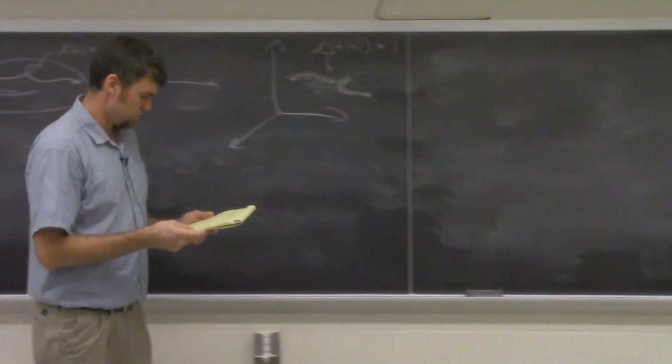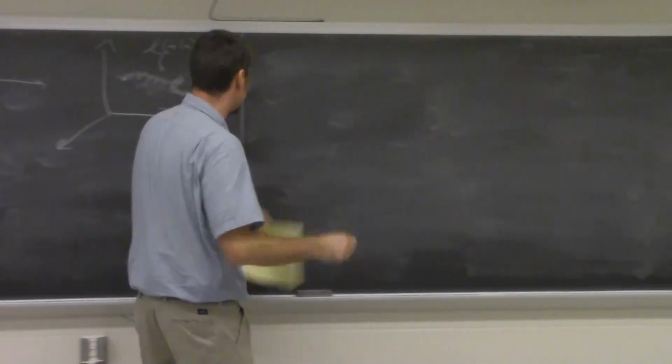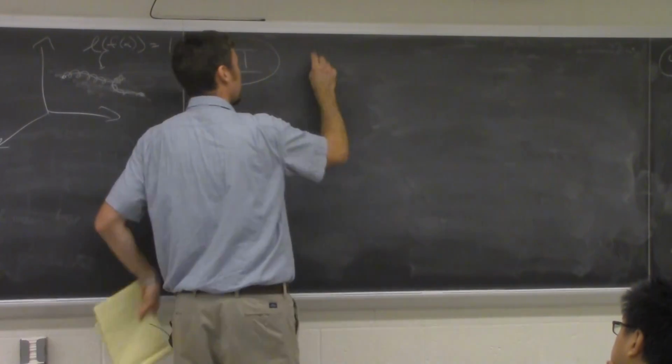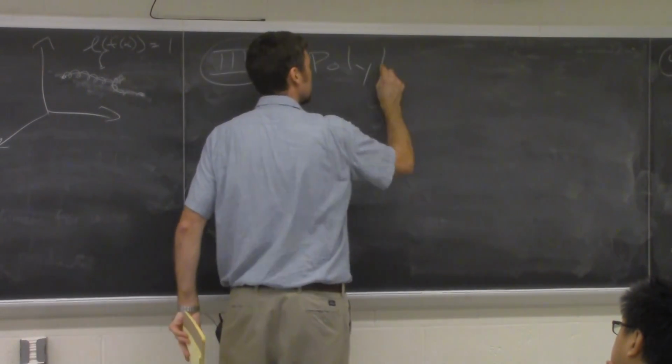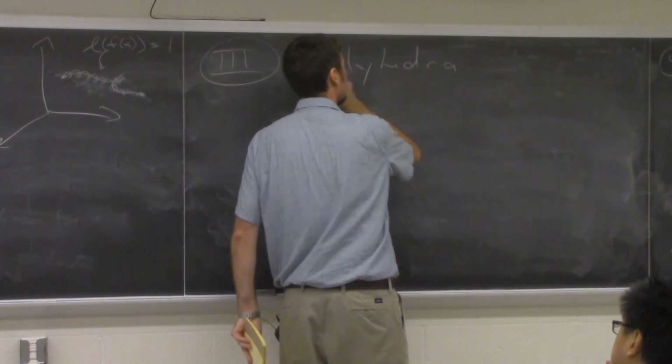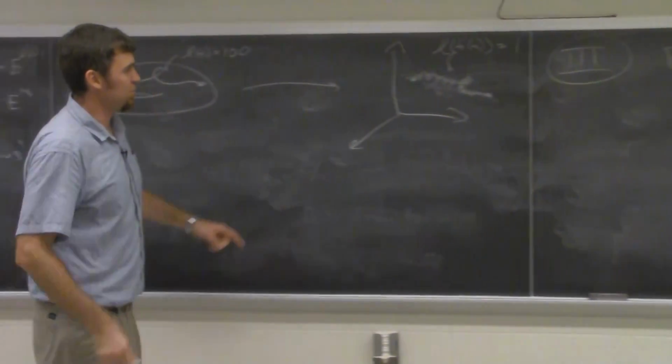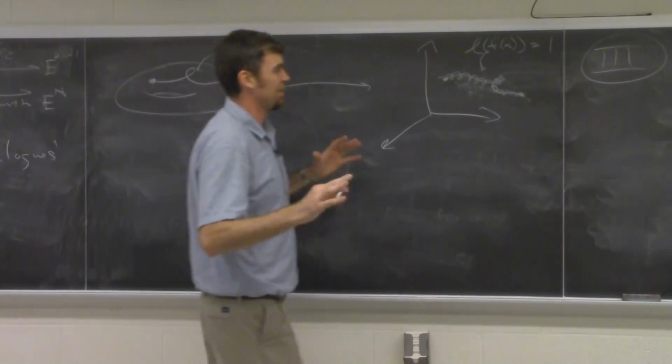All right, so manifolds, it's part 3. I'm going to talk about what I'll call polyhedra. So this is attempts now to generalize these results but to a different class of spaces.